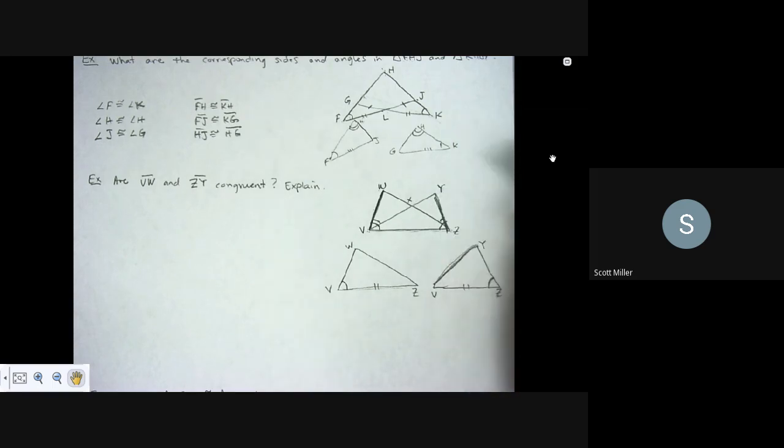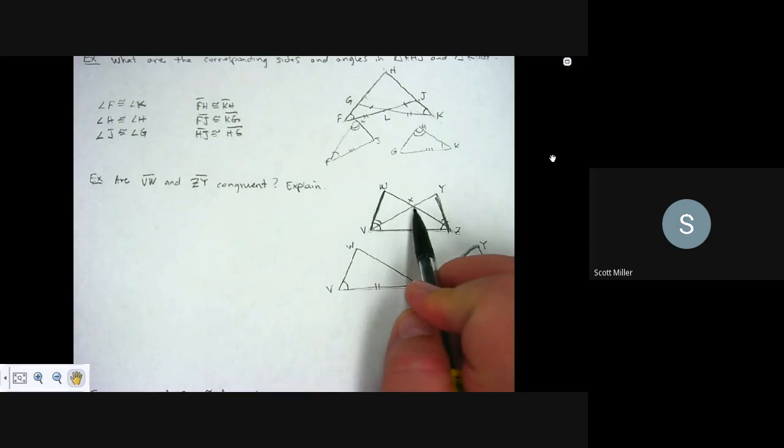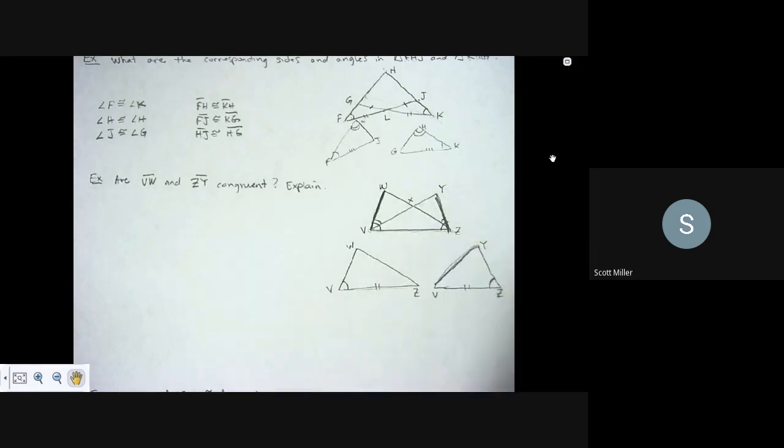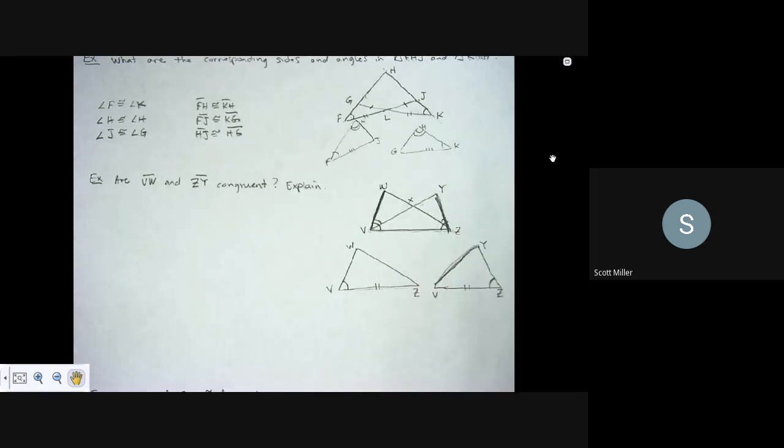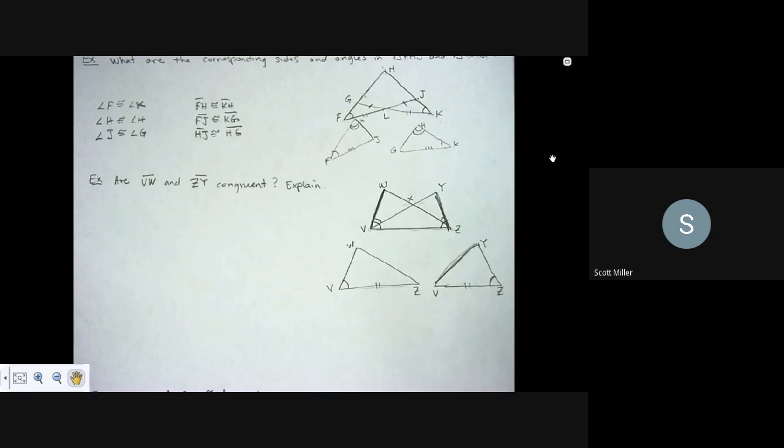Let's see what we can do. What do I know? Well, in the small triangles here, these two angles will be congruent because they are vertical angles. So that gives me two angles in this triangle. Can I get anything else? Is there anything else jumping out at me?